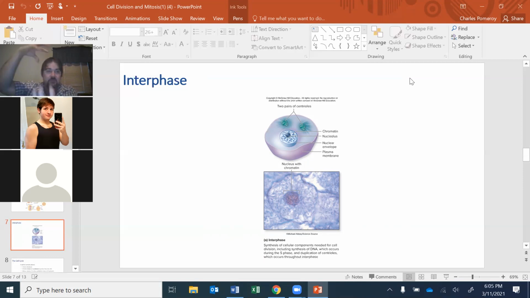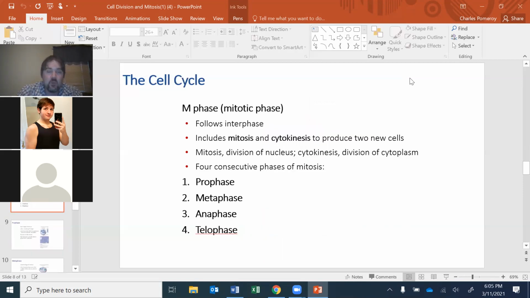It's kind of like the cell's packing its bag so it can easily move the material from one cell to another. Whenever the cell begins to divide, they call it the mitotic phase. And it's basically 4 steps and an event, okay? The 4 steps are called prophase, metaphase, anaphase, and telophase.